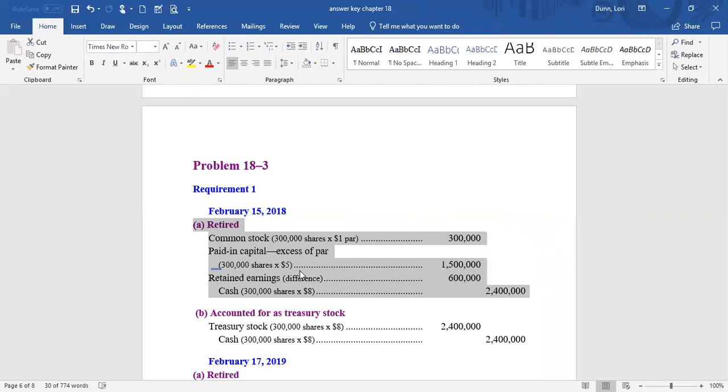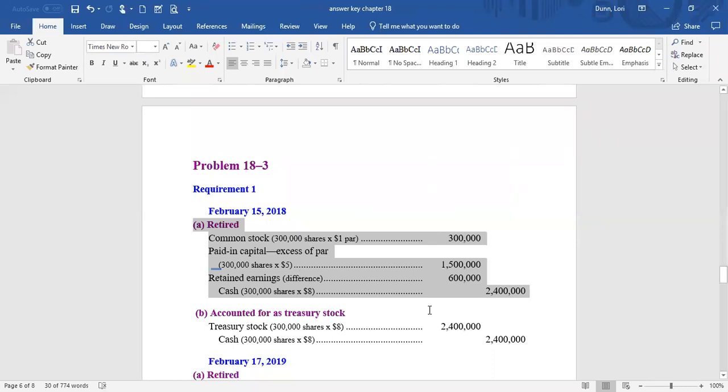So we need to debit paid-in capital excess of par for $5 times the 300,000 shares. And then the difference between the cash paid of $2.4 million, 300,000 shares times $8, and the $1.8 million that they originally sold that stock at, $6 per share, is debited to retained earnings.